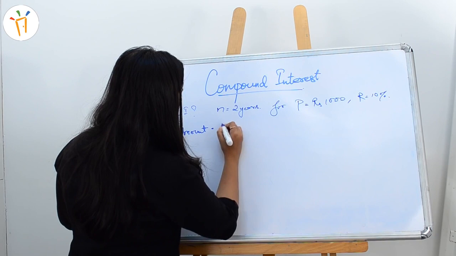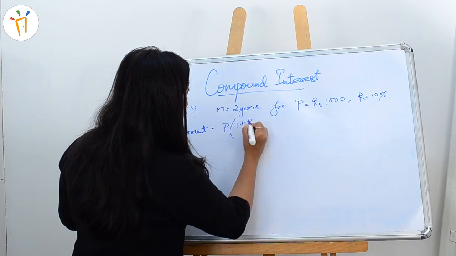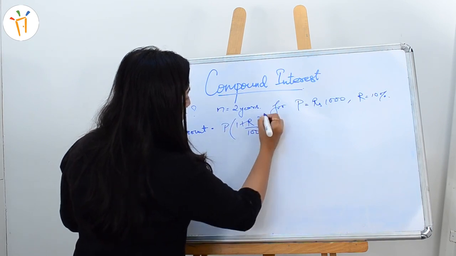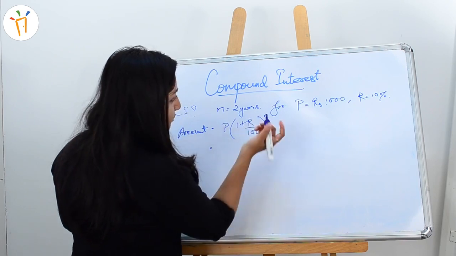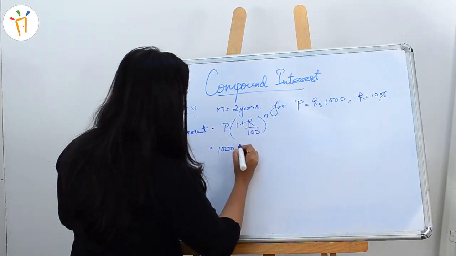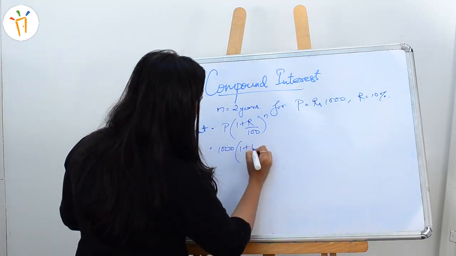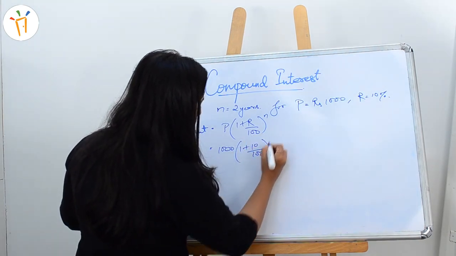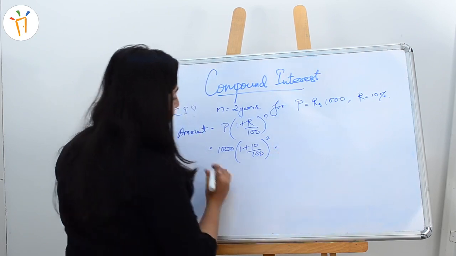So to find the amount, the equation is this. So if we put all the values into the formula, it will be 1 plus 10 by 100 raised to 2.